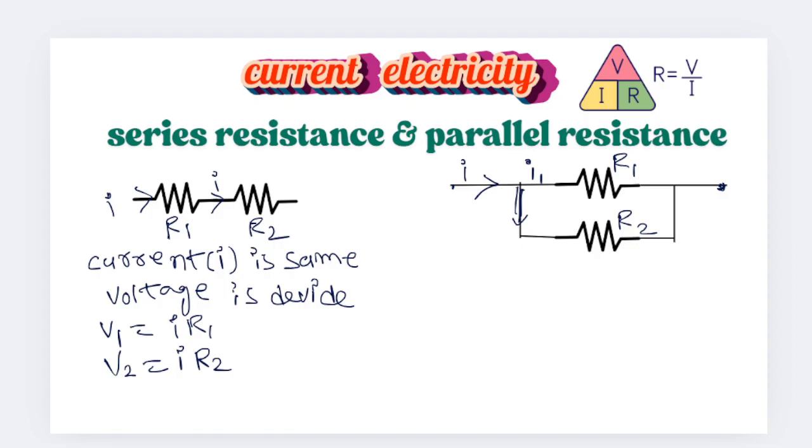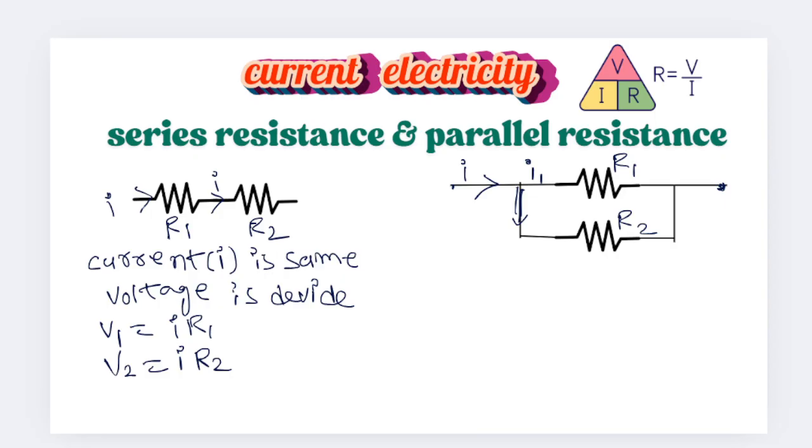Suppose the current is the same and the voltage divides, then it is in series resistance.